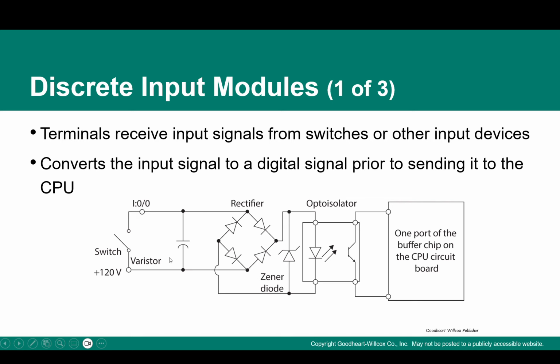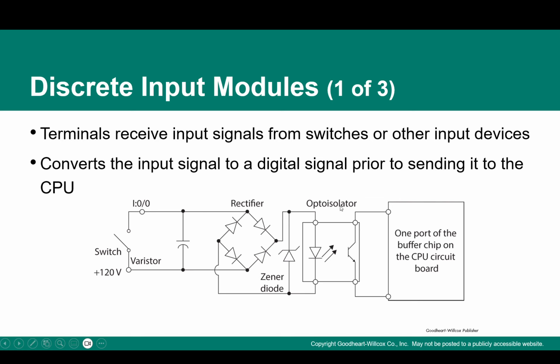But to bring this input as 0 and 1 to the digital world, which is low voltage, you want to make sure, because these on and off events can create spikes, that we use a capacitor to eliminate those spikes. Then we rectify it, and then we regulate it. This is the Zener diode for regulation.